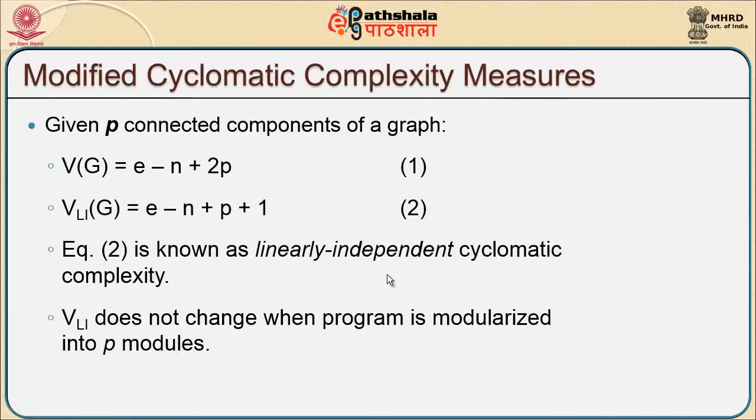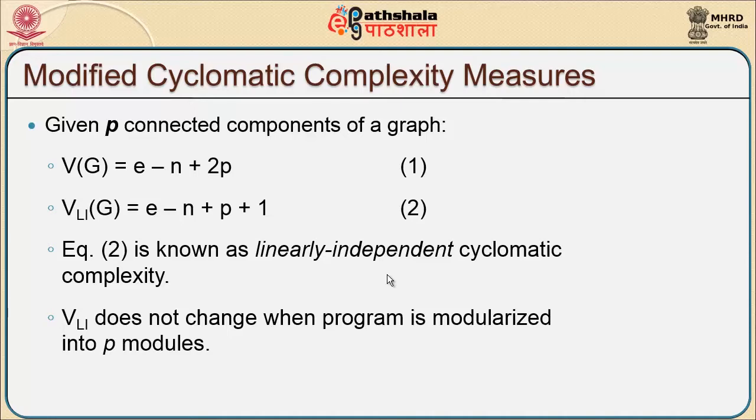So with this, we are going for a modified complexity measure by introducing a value called p. Given p connected components of a graph, the cyclomatic complexity is rewritten as E minus n plus 2p.